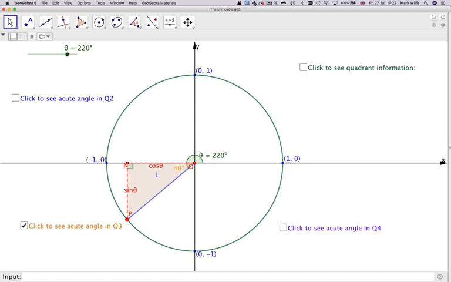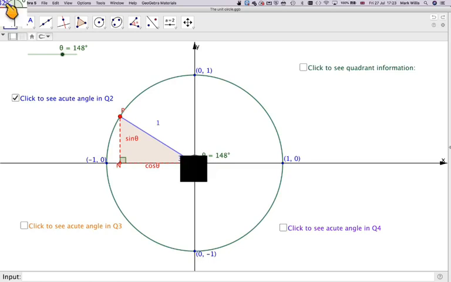I'm just going to go back into the second quadrant for a minute. If I wanted to find the angle here, and if this was 32, then I'd have to do 180 minus 32, and that will give me the actual obtuse angle that point P is at.